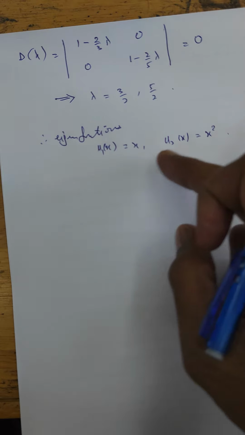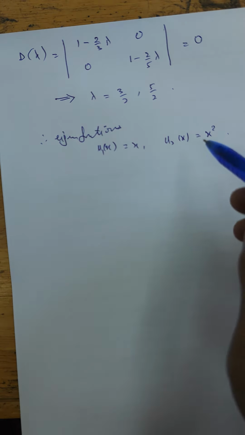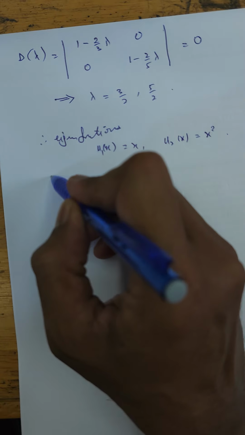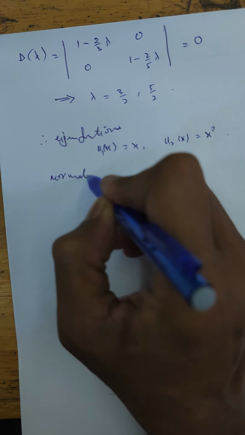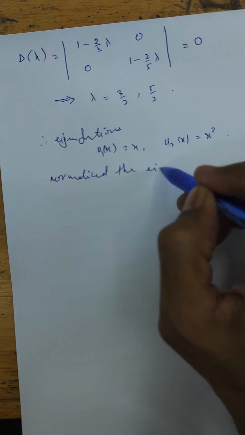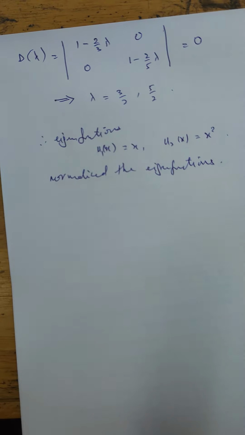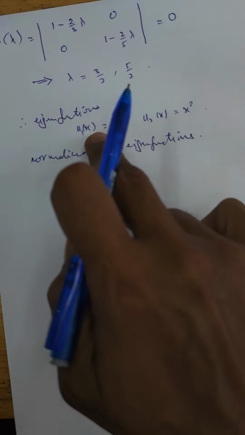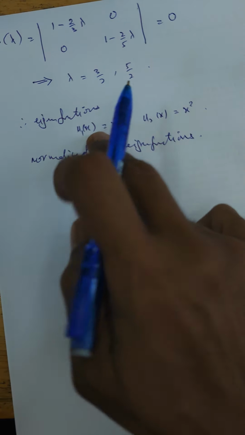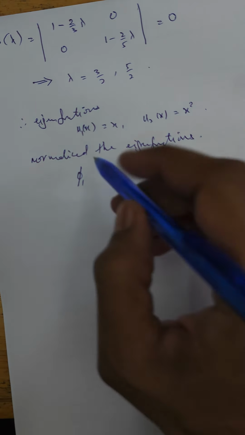Now we need to normalize these two eigenfunctions. Okay, we normalize the eigenfunction for the corresponding u1. Let's say we have phi 1 as a normalized eigenfunction.